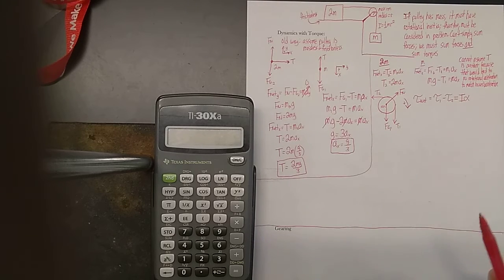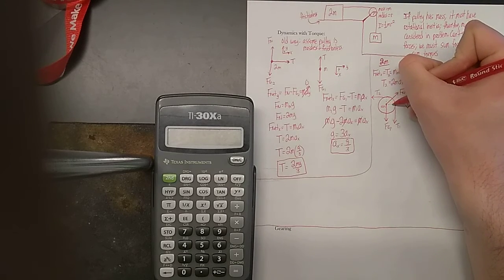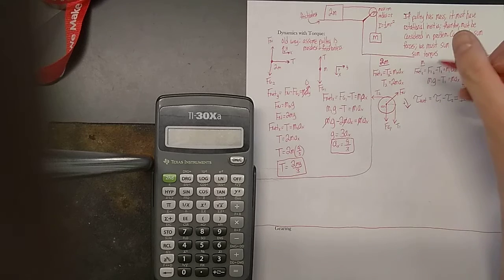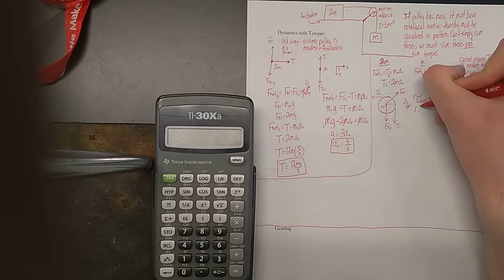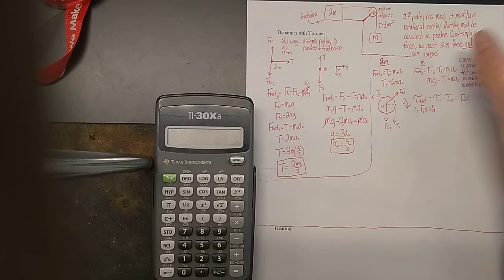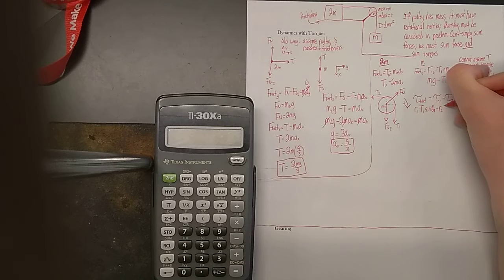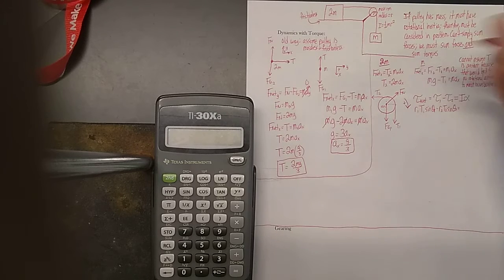So let's figure out how big these torques are. Both of these torques act a distance of the radius of the pulley away from the axis of rotation. So R1 T1 sine theta 1 minus R2 T2 sine theta 2 equals the moment of inertia for a pulley, which is basically a flat disk, 1/2 mr squared, times alpha.